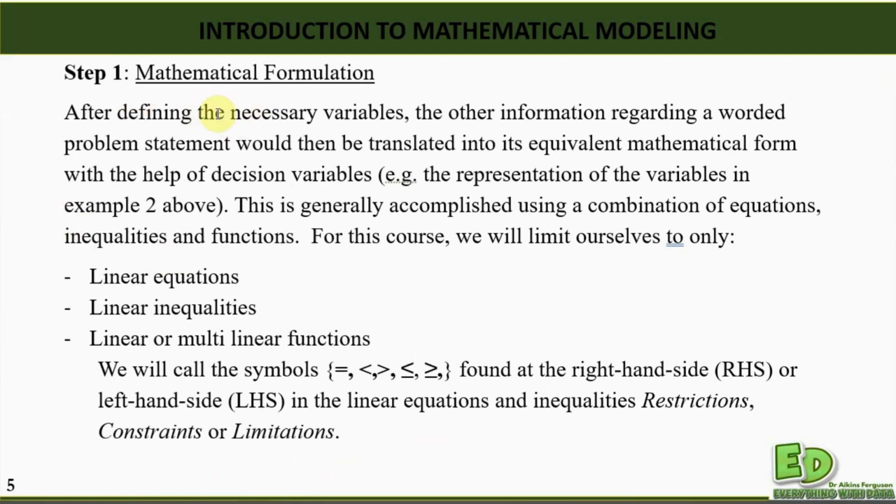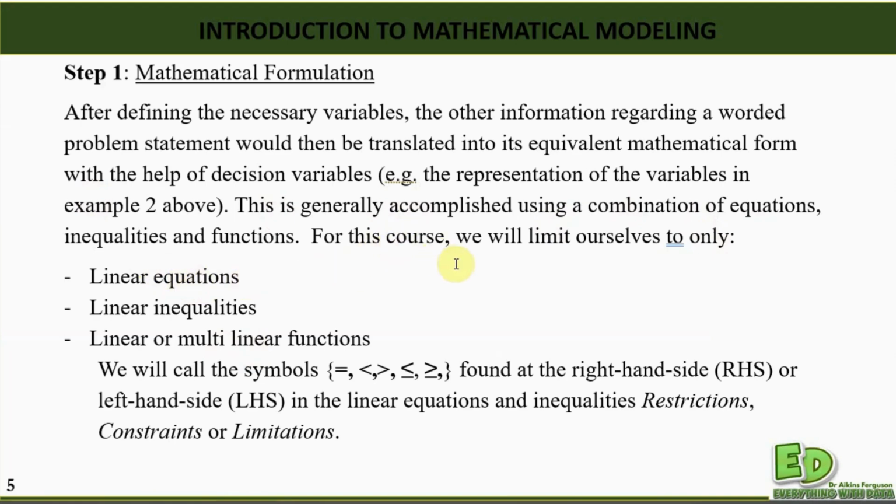Okay. So after defining the necessary variables, the other information regarding the worded problem statement would then be translated into its equivalent mathematical form with the help of decision variables, right? This is generally accomplished using a combination of equations, inequalities, and functions.